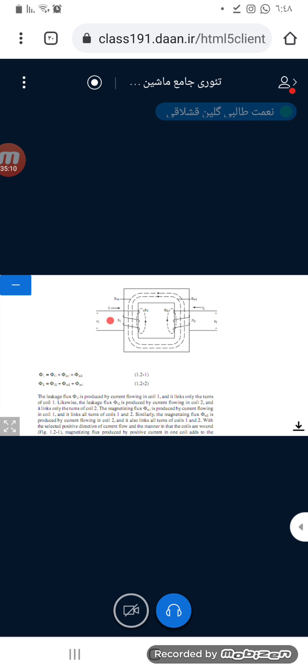So the simplest magnetically coupled circuit consists of two isolated electrical circuits, 1 and 2, and a magnetic medium that the magnetic fluxes can follow through.